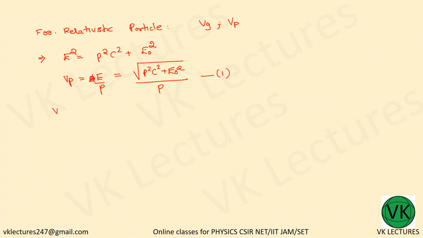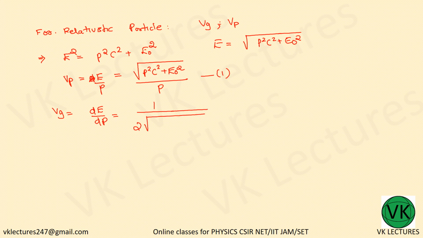Now we need to find out the group velocity, dE divided by dP. Now what is E here? E is equal to under root P square C square plus E naught squared. Root x derivative is 1 by 2 root x into dx, where x is P square C square plus E naught squared.